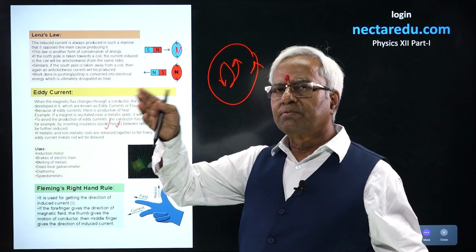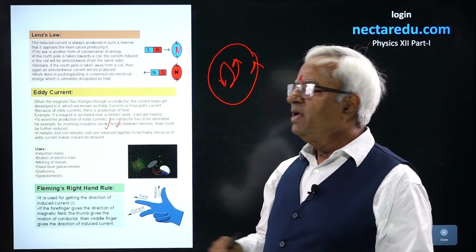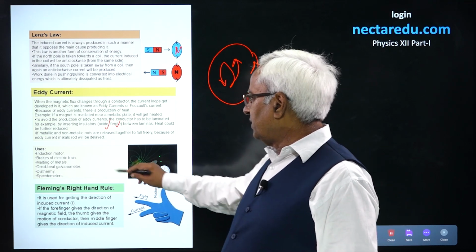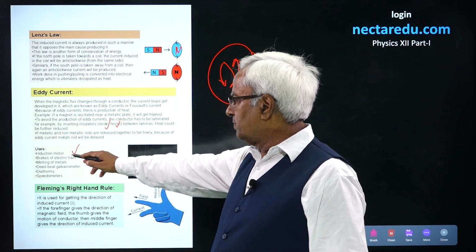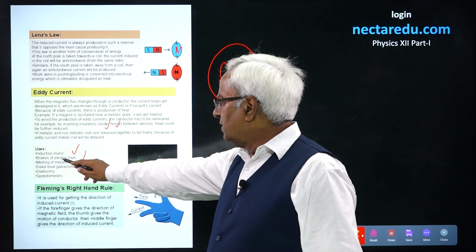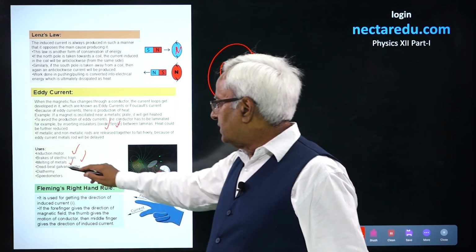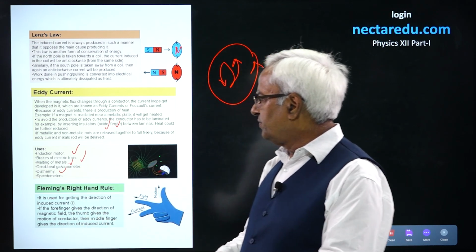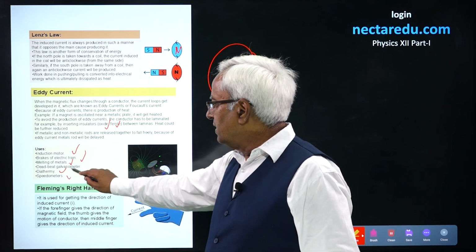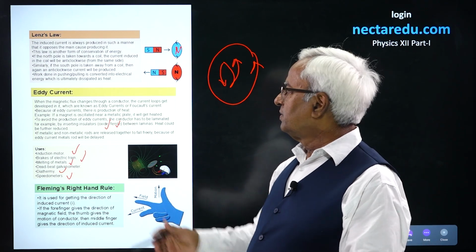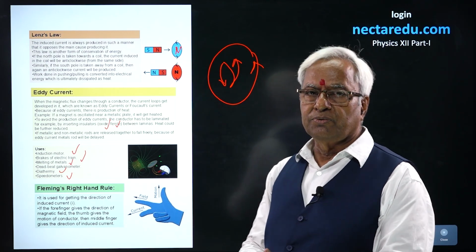Even sometimes oils are also used as insulators within the laminas. Then uses are given separately: induction meter, brakes of electric trains, melting the metals, diathermy, a process of treatment, speedometer, and in deadbeat galvanometer, this eddy current principle is used.